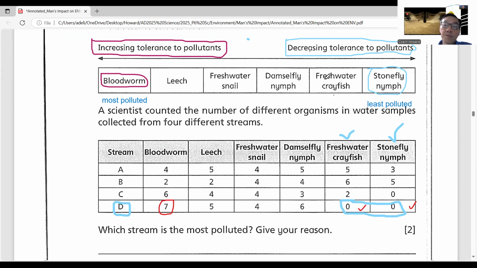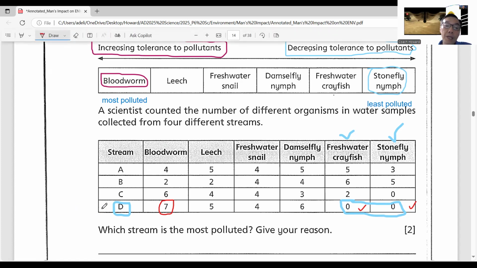Even the crayfish is second. Both stonefly nymphs and freshwater crayfish are not found in stream D. That means stream D is the most polluted. So there are 2 pieces of evidence: the highest number of bloodworm and the lowest number of these 2 organisms, stonefly nymph and freshwater crayfish.